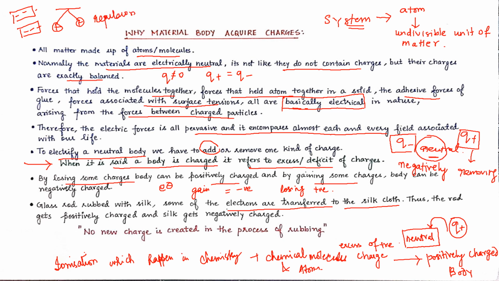So what was done here: negative charge electrons were given to the glass rod by the silk cloth, and hence the glass rod got negatively charged and they were showing repulsion. Thus the rod gets positively charged and silk gets negatively charged.